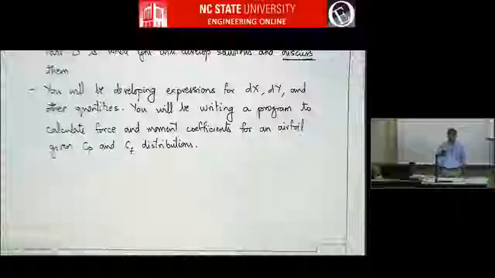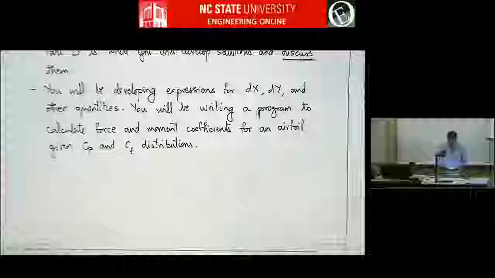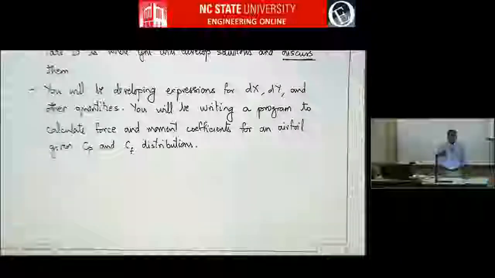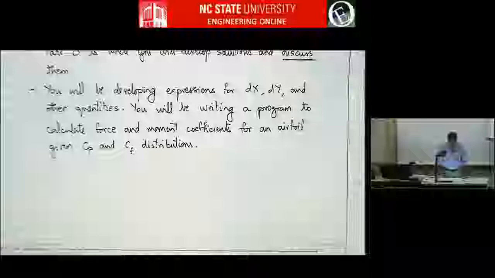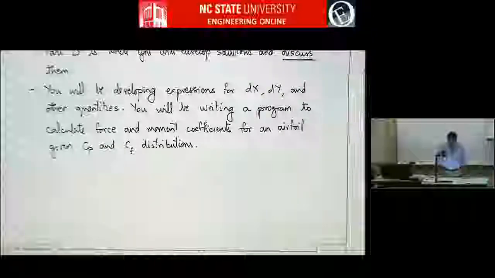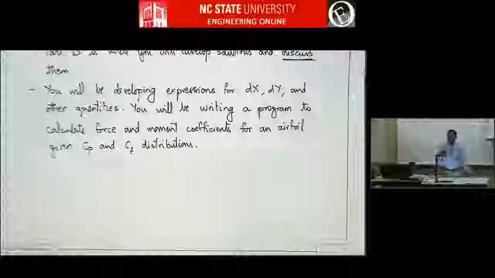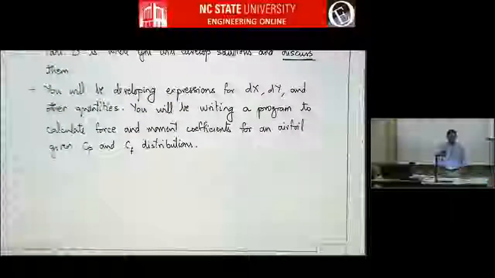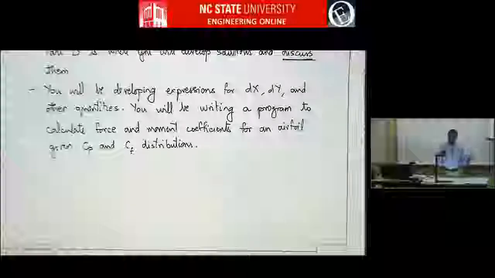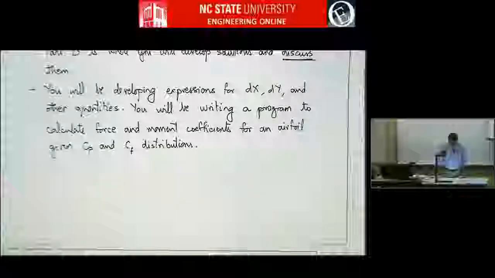So these data files will have CP and CF distributions. We've talked about CP distributions. We haven't talked about CF, but we'll be talking about them very soon. And so developing the expressions, we've probably done at least 50% of the work already. So you just have to figure out all those pluses and minuses and just sort of bookkeeping to make sure your program will work correctly.